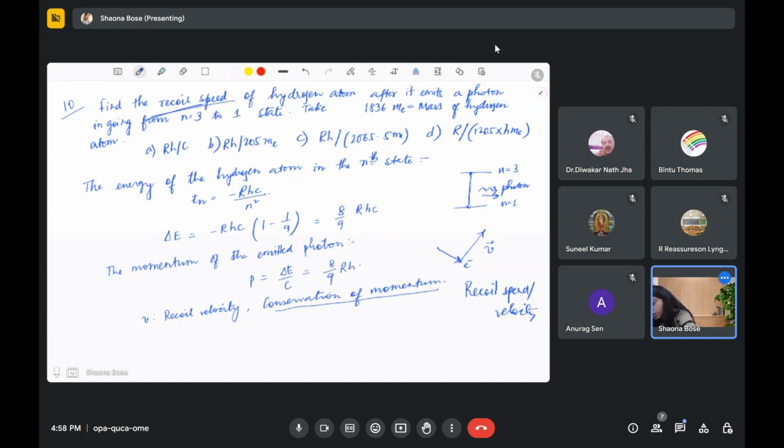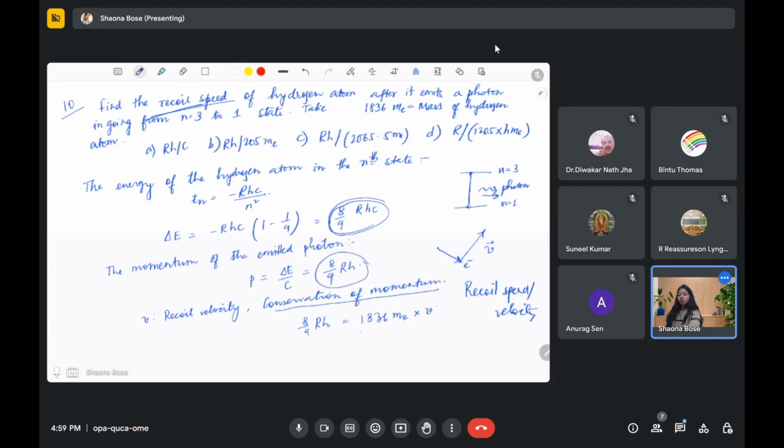So from this conservation of momentum, whatever is the momentum of this emitted photon, 8 by 9 RH, that will be equal to the mass of this hydrogen atom multiplied by its velocity.